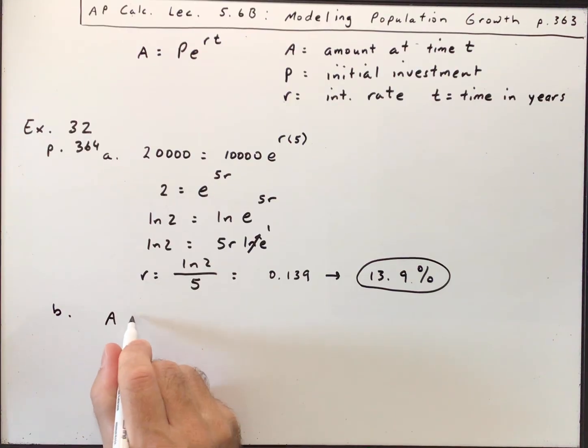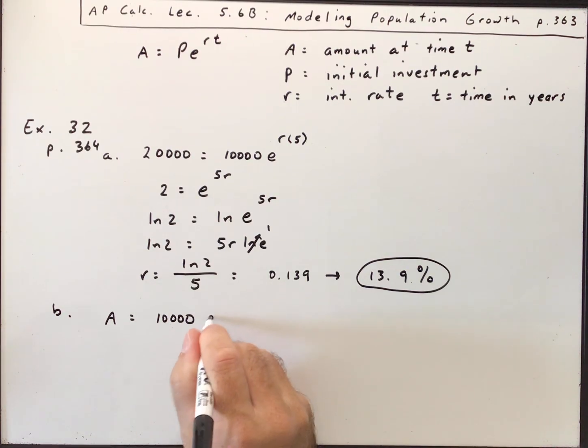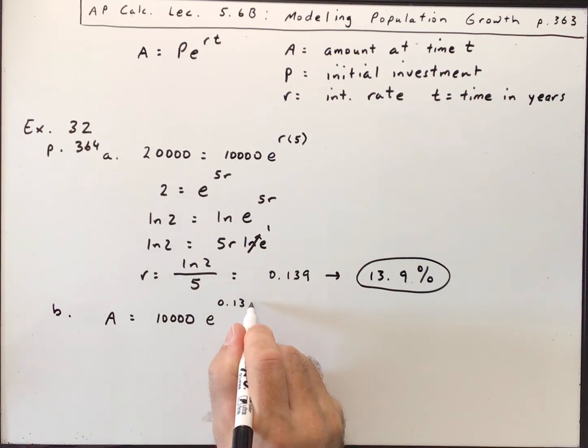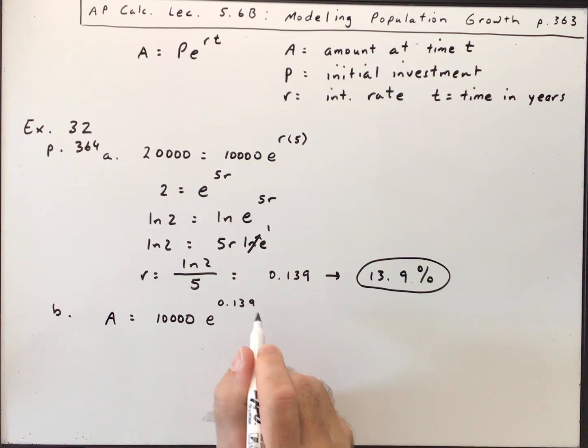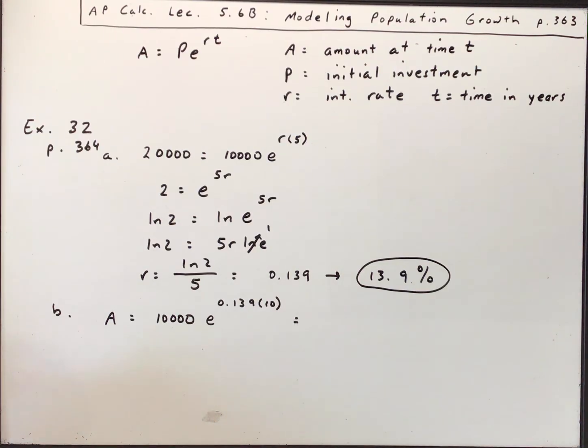So we have A is equal to 10,000 times e to the rate 0.1386. We'll go ahead and round it, 0.139 times 10. So that's 10,000 times e to the 0.139 times 10. And I get $40,149.